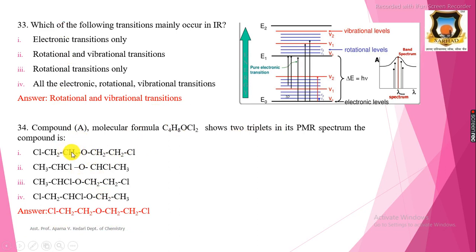Therefore, these four protons are the same and these four protons are the same. If we consider these two, there are two neighboring protons. Therefore, according to the n plus 1 rule, 2 plus 1 gives a triplet. Again for these protons, the neighboring protons are 2, 2 plus 1 is 3. Therefore, both give triplets. The first option is the correct answer.